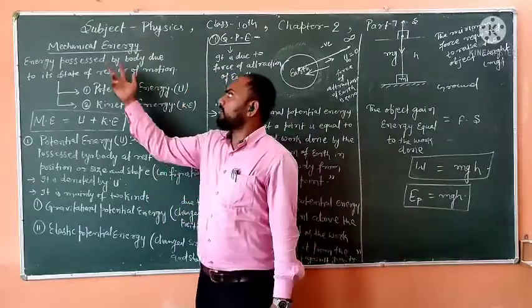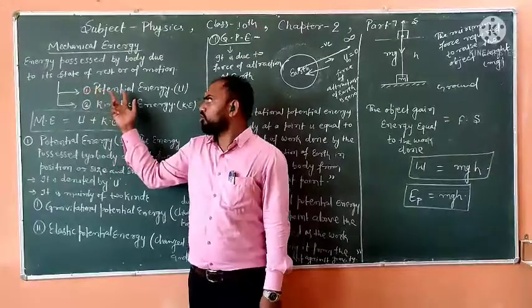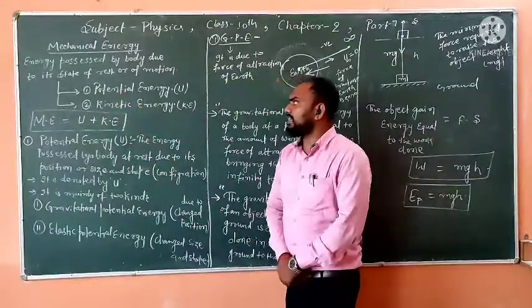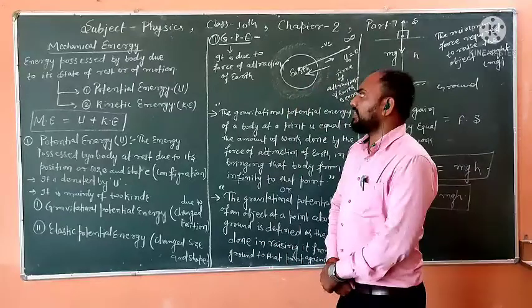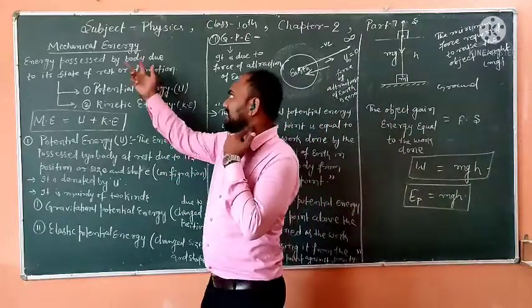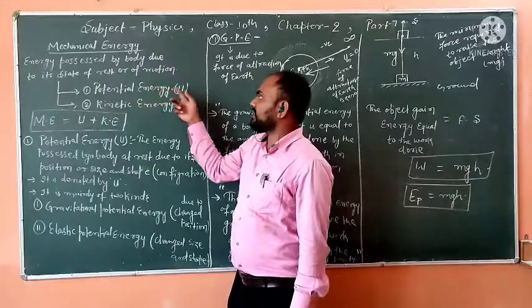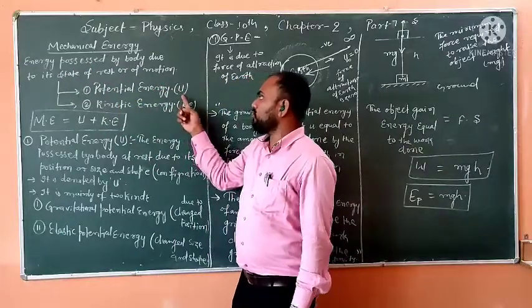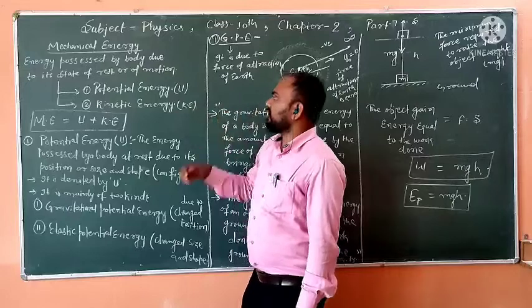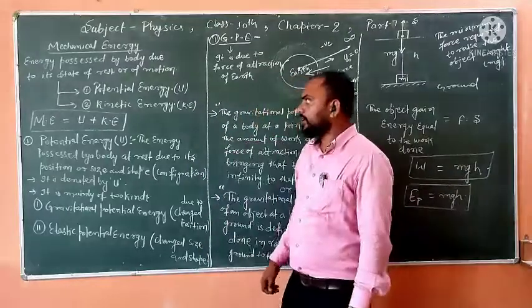It is basically subdivided into two parts, that is potential energy, which is represented by U, and kinetic energy, which is represented by KE.